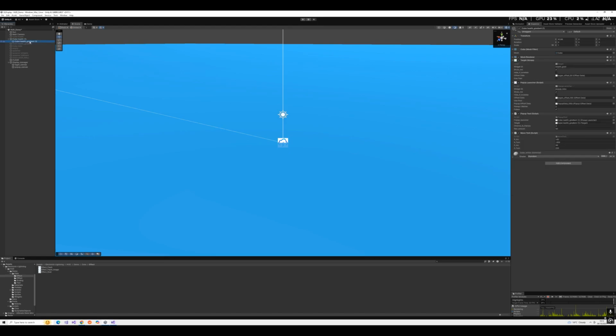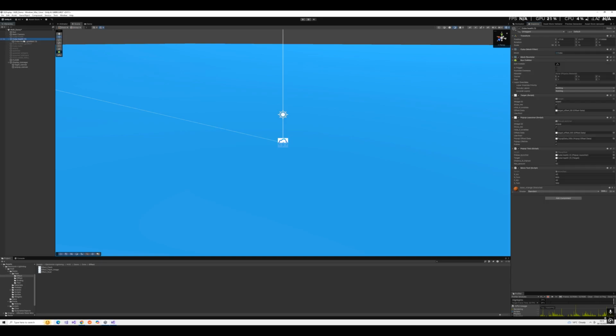Now to do this, I need to remove the move script on the other one, and reset its transform, make sure the transform's reset for any kind of nested thing. The pop-up launcher, you don't need a target script anymore. You don't need a move script anymore. I also want to remove the mesh from the nested one. So now we just have one mesh with its target, the health bar.